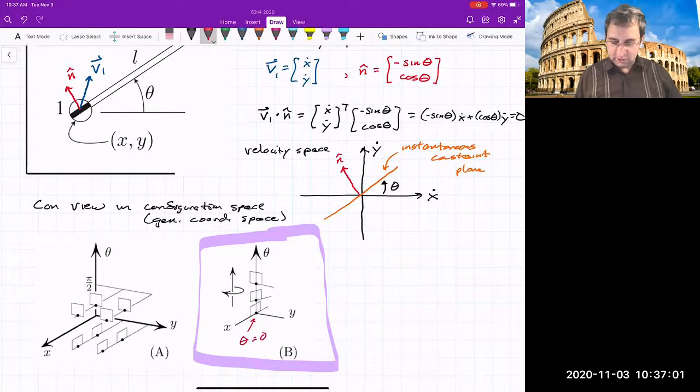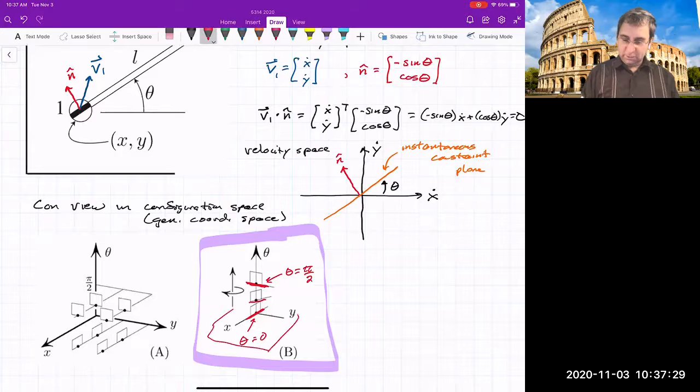If theta equals 0, then I can only move locally in the x direction. If over here theta equals pi over 2, well, I can only move locally in the y direction. And if I'm somewhere in between, like in this case, then I'm moving in some direction that's between pure x and pure y. And this is true. So think of the theta equals 0 plane.